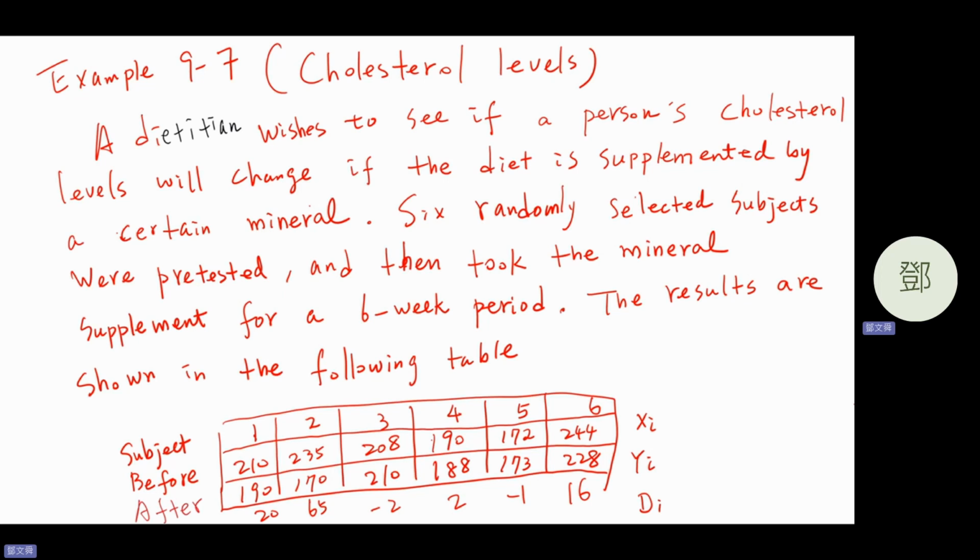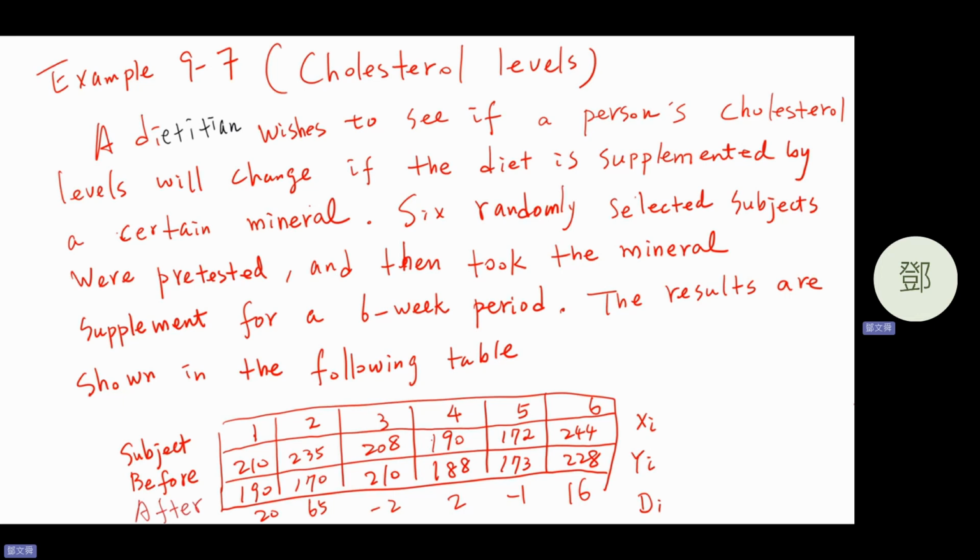A dietitian wishes to see if a person's cholesterol level will change if the diet is supplemented by a certain mineral.